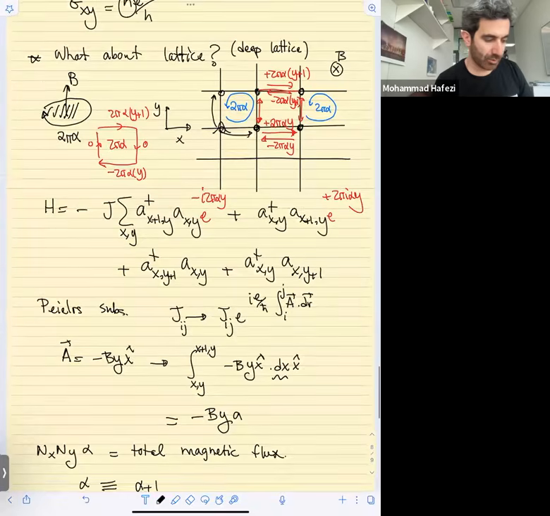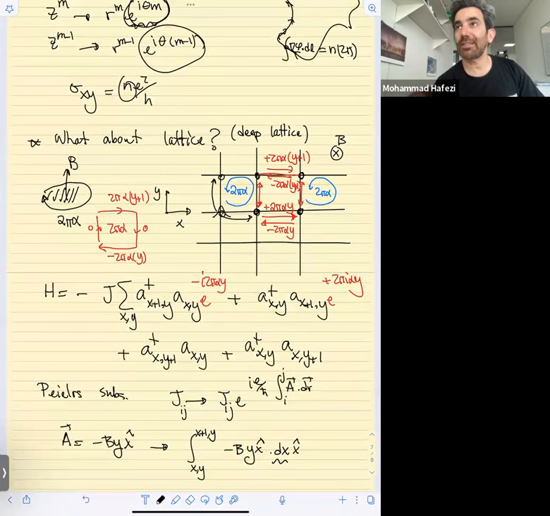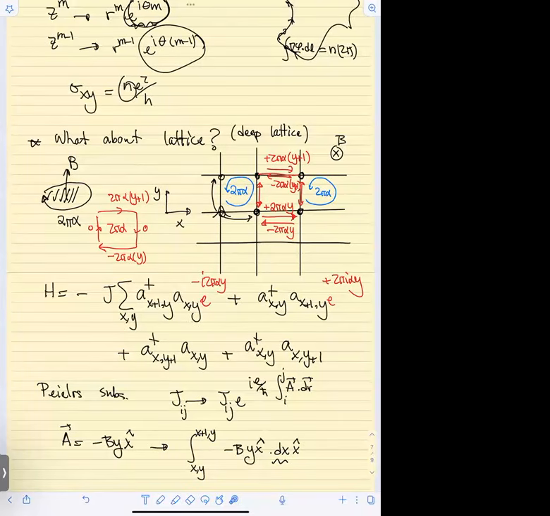I'm not sure that I got the question. First of all, in order to capture the effective magnetic field, my electrons, when they go around a closed loop around each plaquette, should acquire a non-zero phase. That's because of the magnetic field.